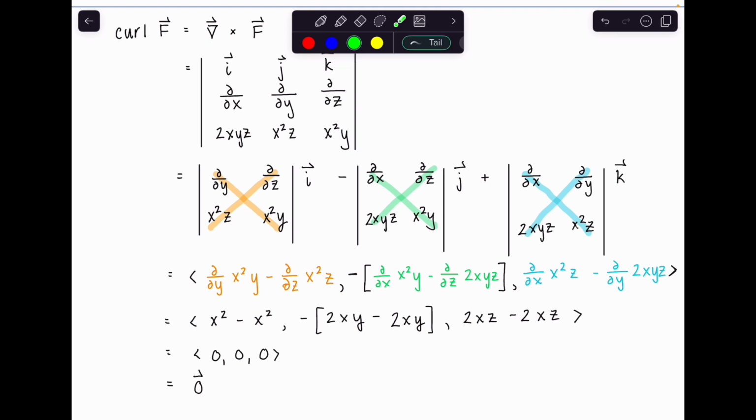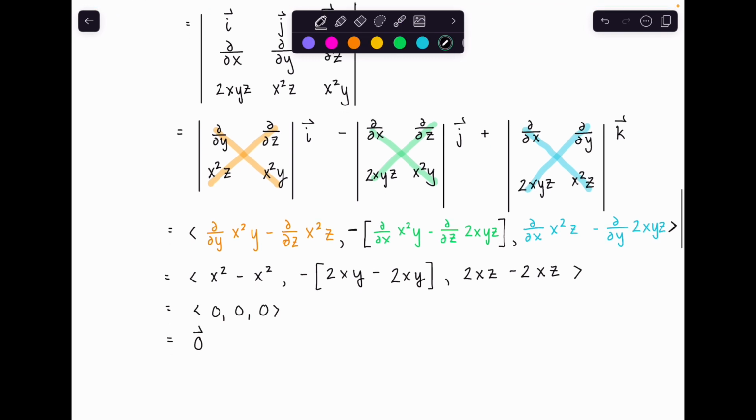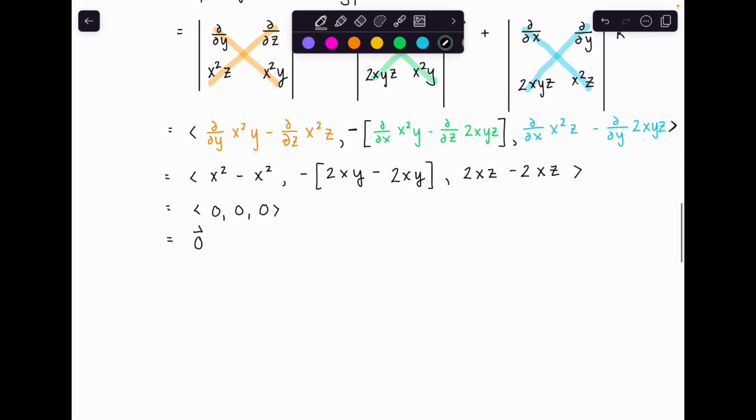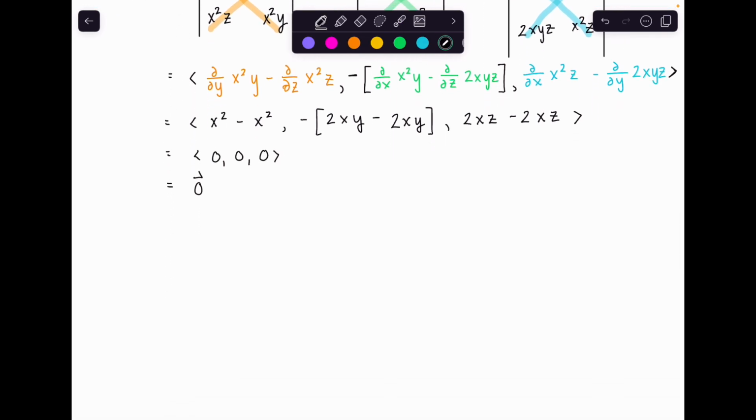Well, if I have curl, that's my likelihood to rotate in place. That's not conserving energy. So always when I have a conservative vector field, the curl is going to equal 0 for that. And what I'm going to actually do is prove this because it's pretty straightforward. So this will always happen when I start with a function, find the gradient vector, and find the curl of it.